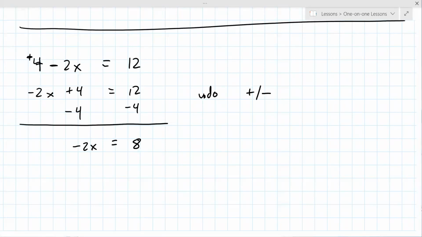How do you undo what's in front? You divide by whatever number's in front. Nope, what number's in front? Minus 2. -2.